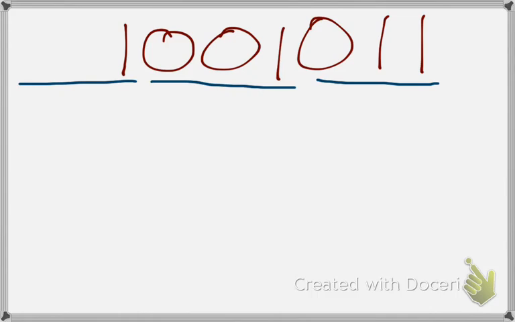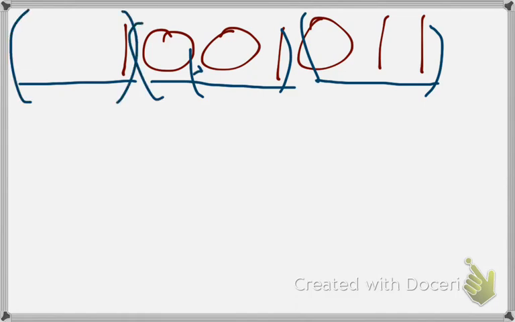Starting from the right, count 3 digits, pause, count 3 digits, pause, count 3 more, pause, and so on. In our case, we have 3 in one block, 3 in the second block. In the last block, I have only 1, which means I can add a 0 and a 0. It's not going to change the meaning. Even if you're not adding them, no worries, because your answer is not going to be different.